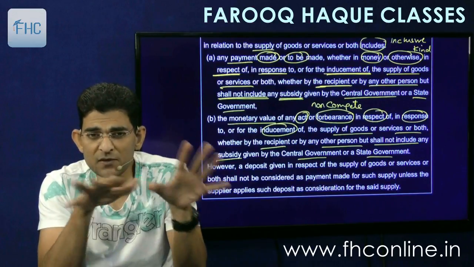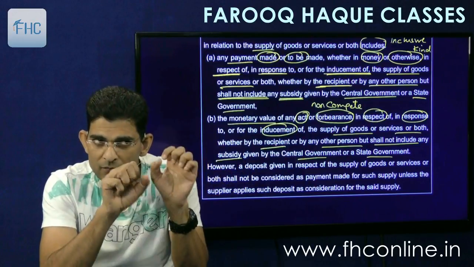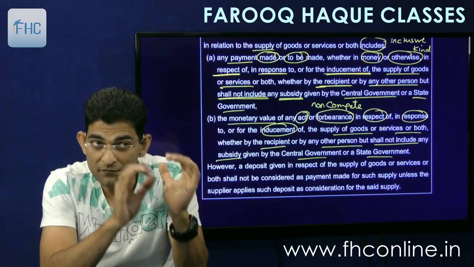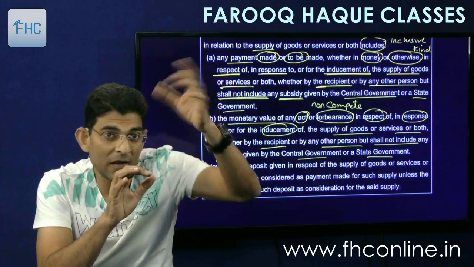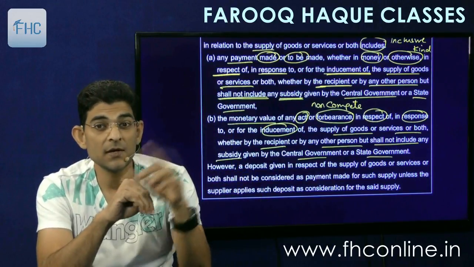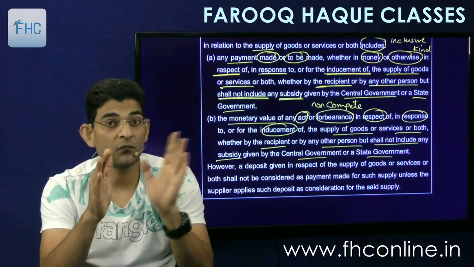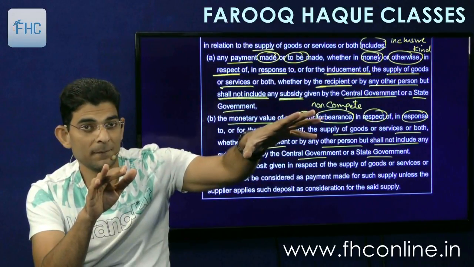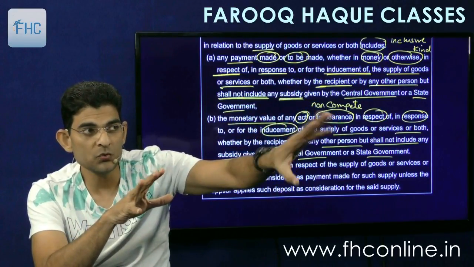There are so many business transactions which happen in real business where we supply goods and we don't receive anything in return directly, but we get some advantages from the other person. He is going to do something which will help us get some benefits. So that comes here. Any act or forbearance. Forbearance means stop from doing something. So this is called non-compete. Forbearance. Don't compete with me. Don't do something.